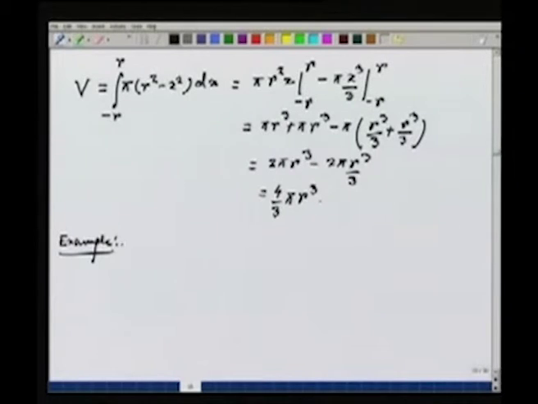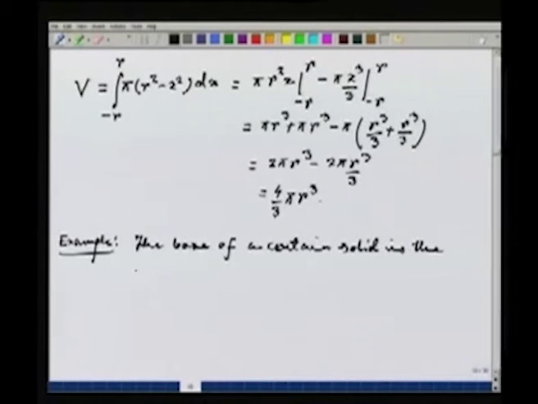So let us say the base of a certain solid is the disk x square plus y square less than or equal to a square.